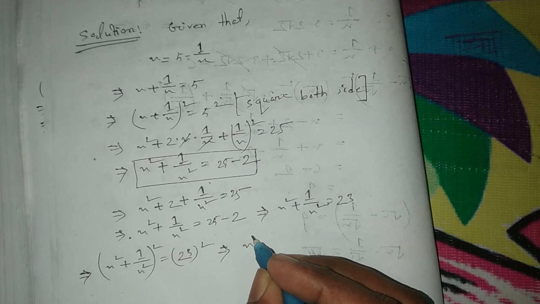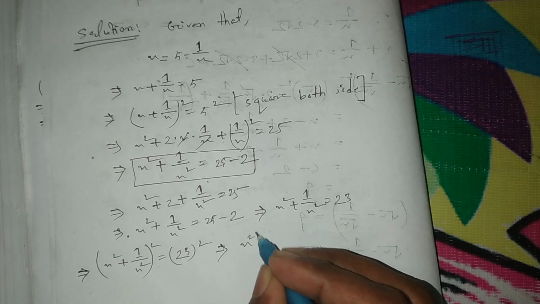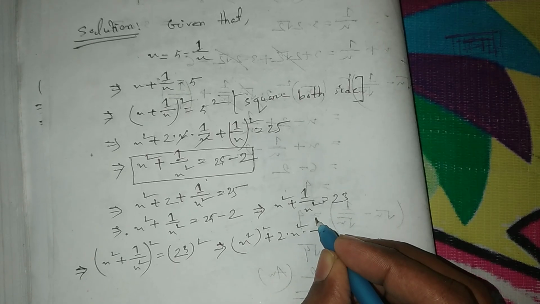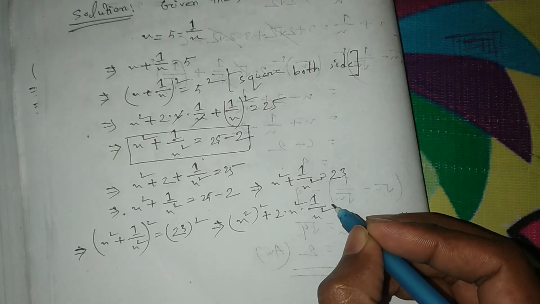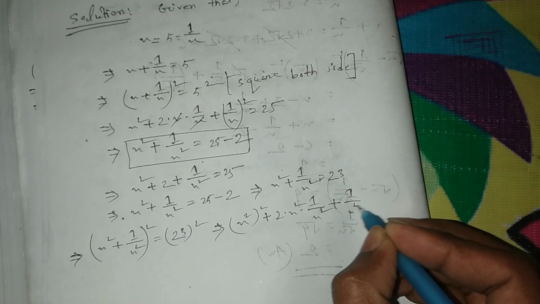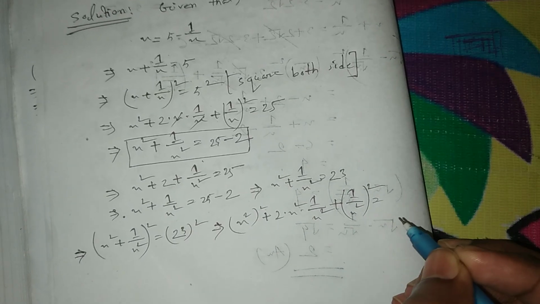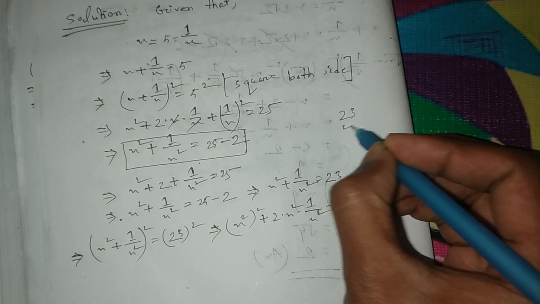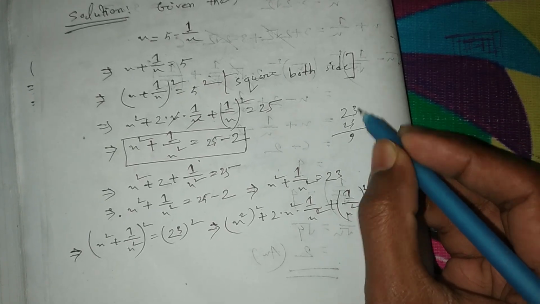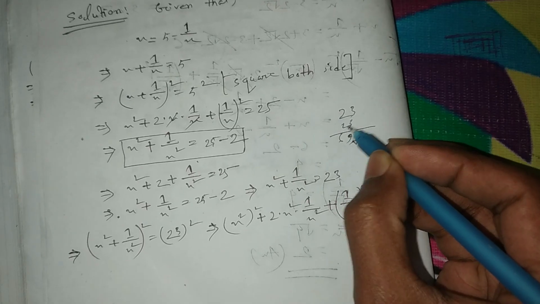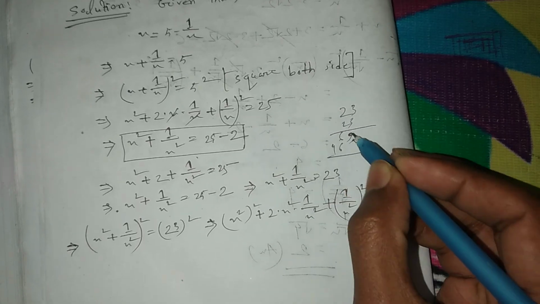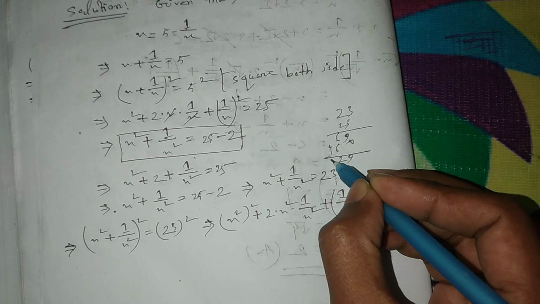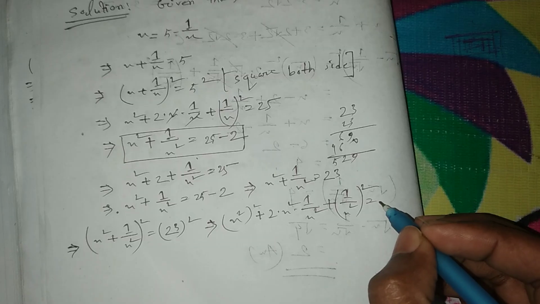A plus b whole square means x square plus 2 into x square times 1 by x square, plus b square, 1 by x square, is equal to 23 square, which means 529.